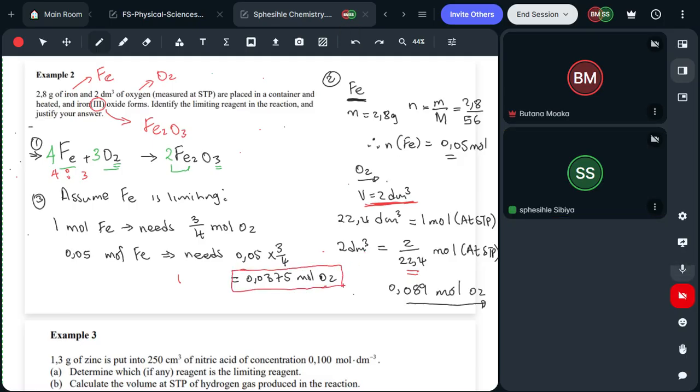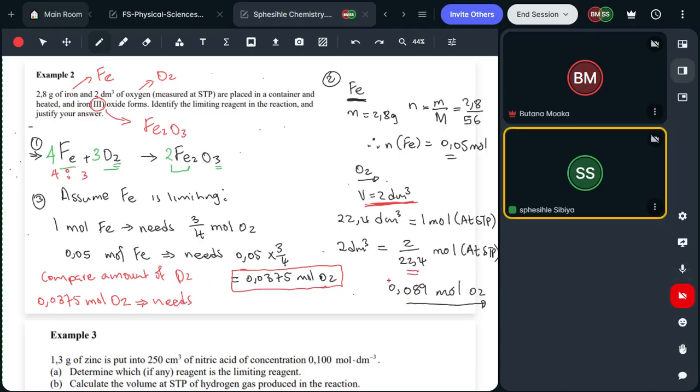From that part, now we can definitely compare the amount of O2.